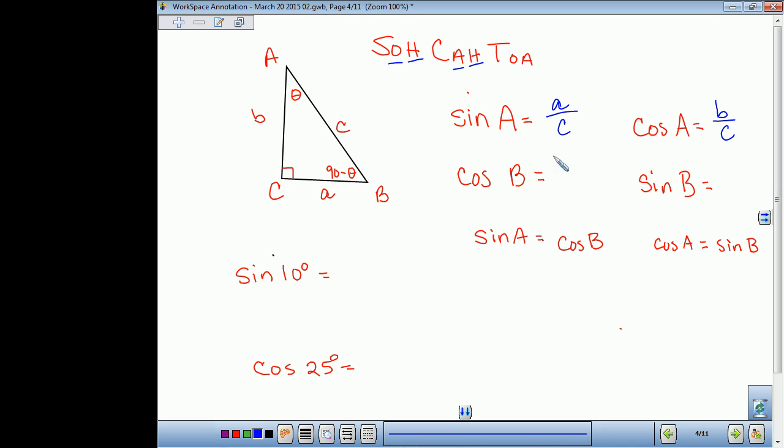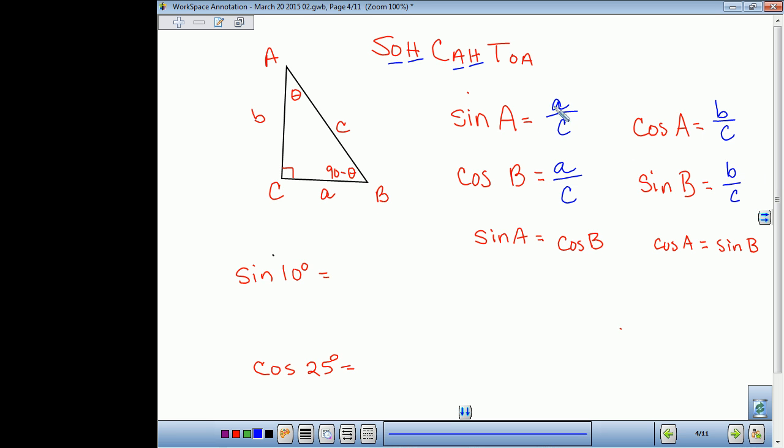So with respect to angle B, A is the adjacent side and C is the hypotenuse. Sine of angle B. With respect to angle B, B is the opposite and C is the hypotenuse.